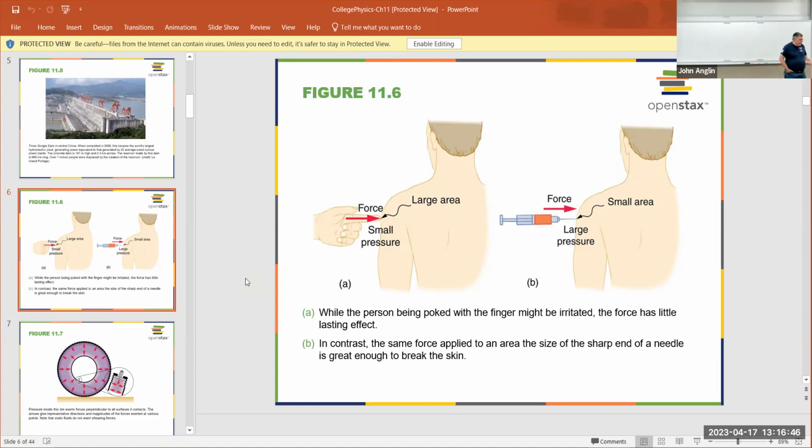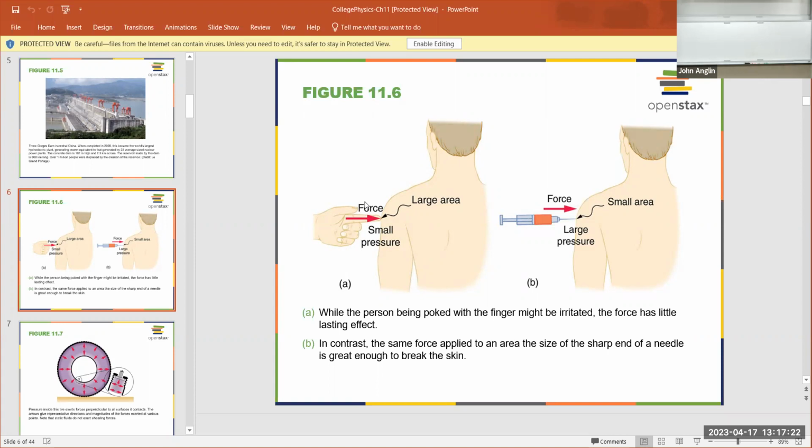So if you look at this diagram, somebody on the left side here takes their finger and they poke you in the shoulder. And let's say that we don't apply a whole lot of force, just kind of a gentle poke. The surface area of that person's fingertip is going to be relatively large compared to, let's say, a needle.